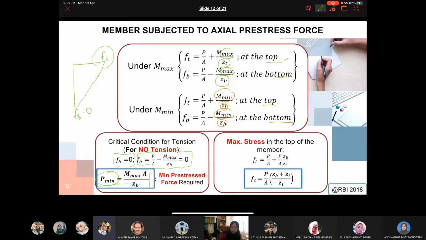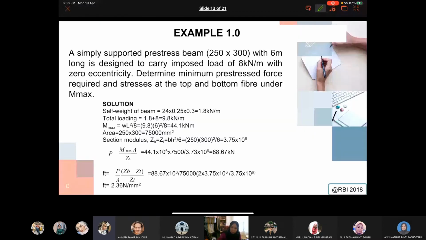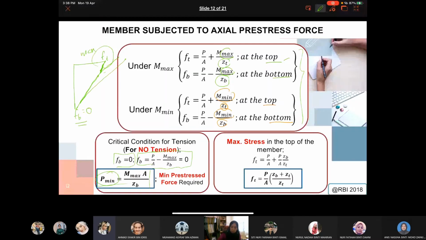Next we have the maximum stress at the top. When you have the bottom at 0, of course you have this as maximum, because the triangle cannot go any further. So this is the maximum that it can go, unless you have special conditions, so that it will be a different case. So basically it is generated from this equation as well. For maximum stress, you will have your F top, which is your top stress.